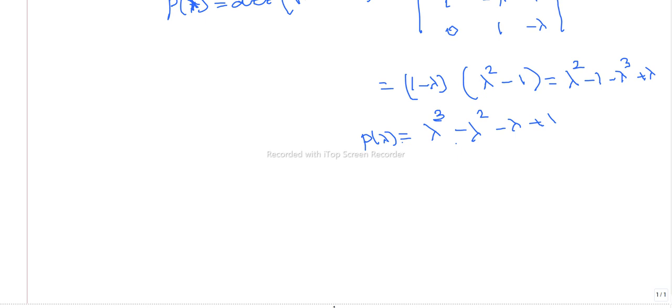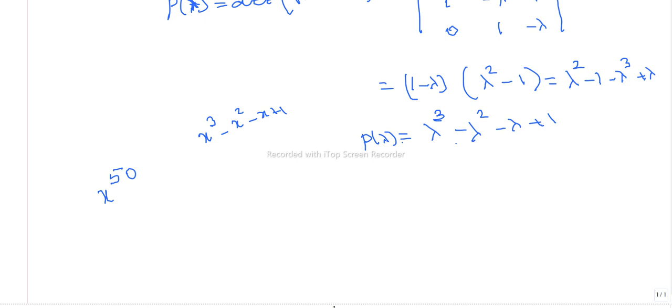Now we have the polynomial x power 50, because we have to find A power 50. Now apply the division algorithm for this polynomial and x cube minus x square minus x plus 1. What is the division algorithm for polynomials?